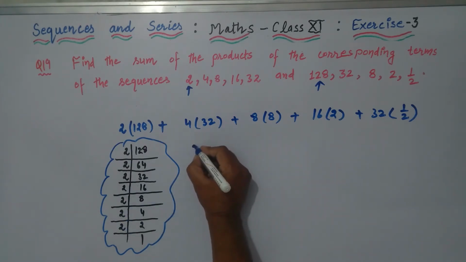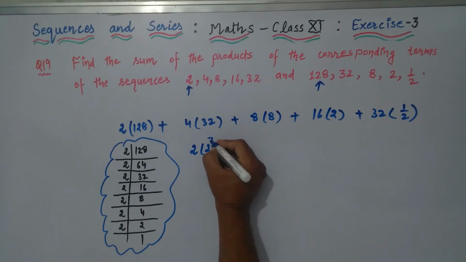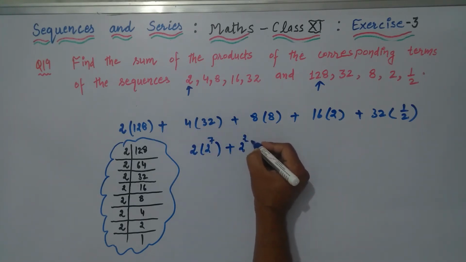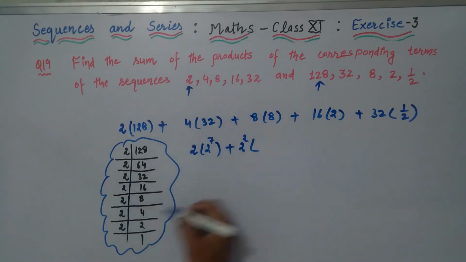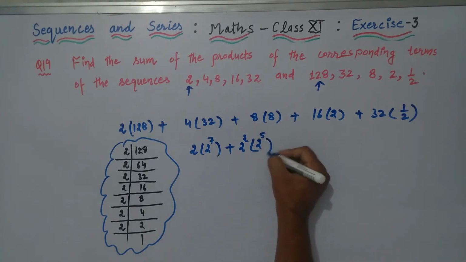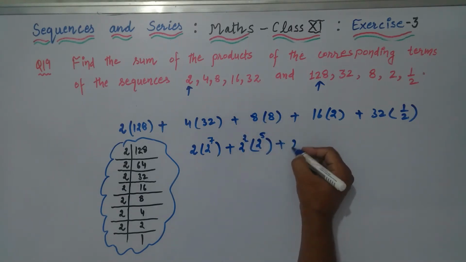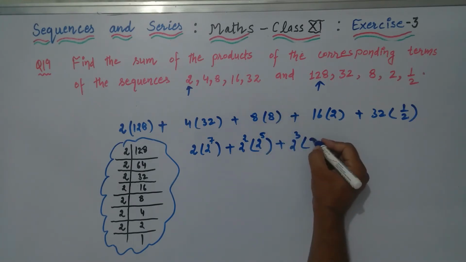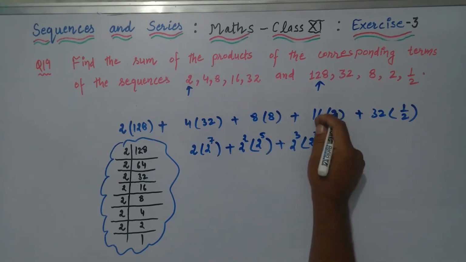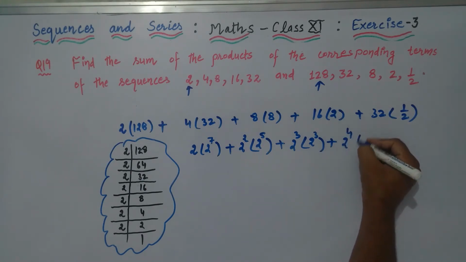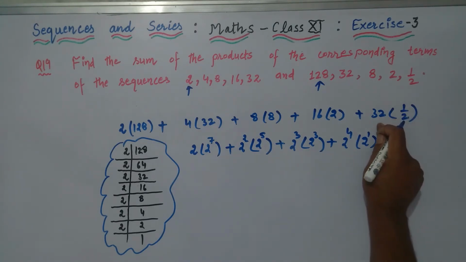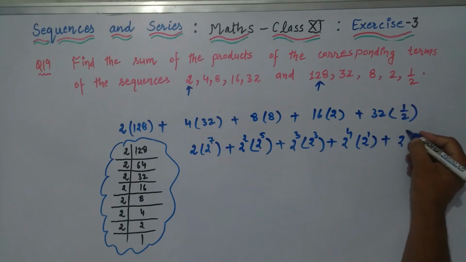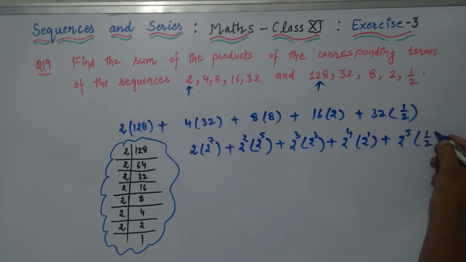So this becomes 2 into 2 raised to power 7, plus 4 means 2 raised to power 2 into 32, which is 2 raised to power 5, plus 8 means 2 raised to power 3 into 2 raised to power 3, plus 16 means 2 raised to power 4 into 2 raised to power 1, plus 32 means 2 raised to power 5 into 1/2.